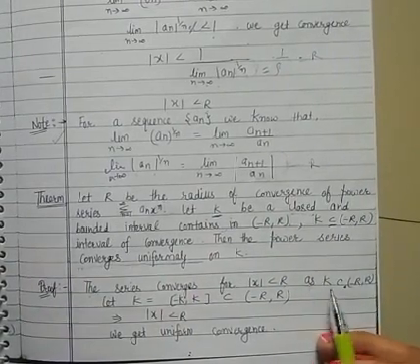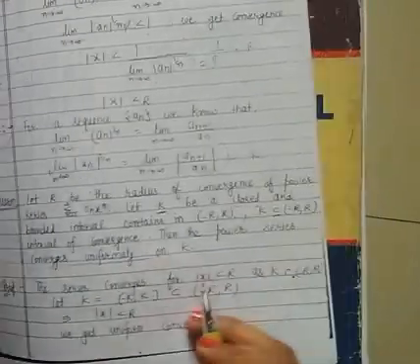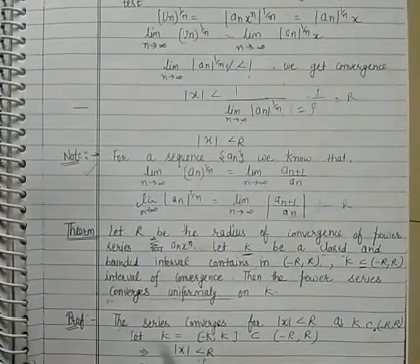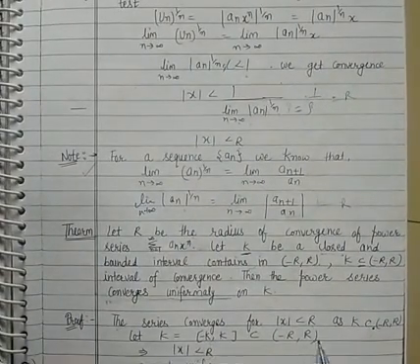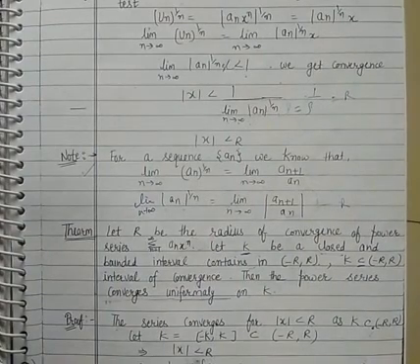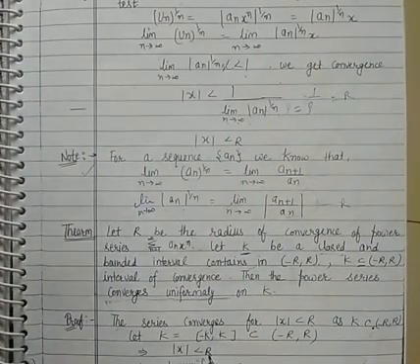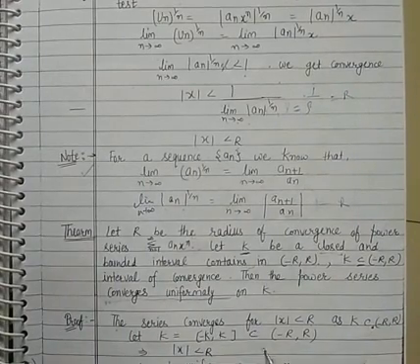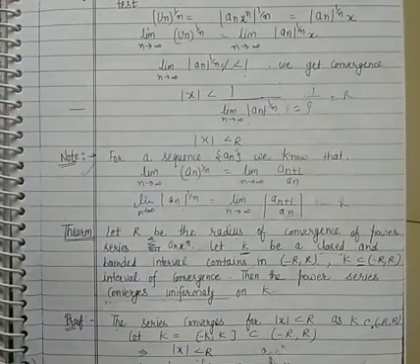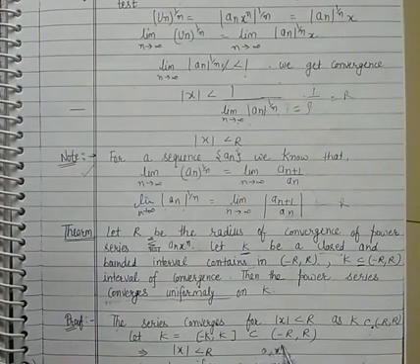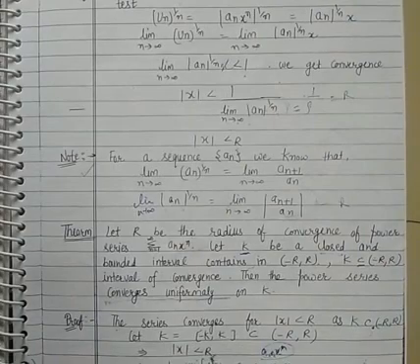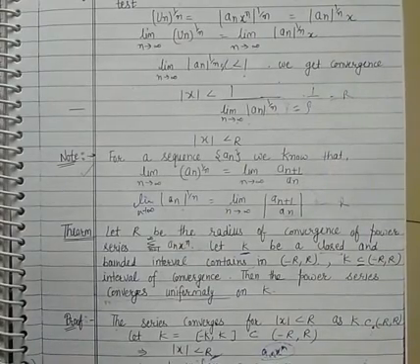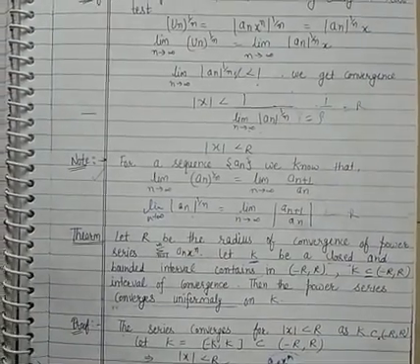And now as K is a closed and bounded interval, let it be [-k, k], it is contained in (-r, r). Now |x| is less than r, and we get the convergence for a_n x^n. For a_n x^n, we get the convergence within this region. Therefore, this convergence is nothing but the uniform convergence.